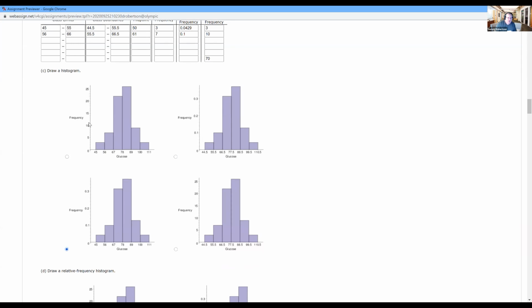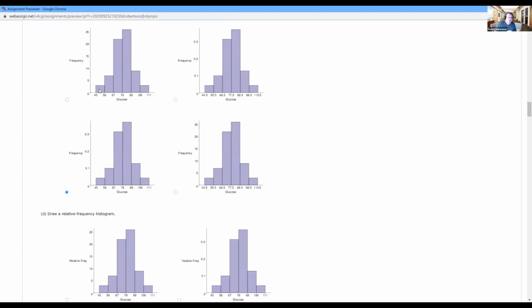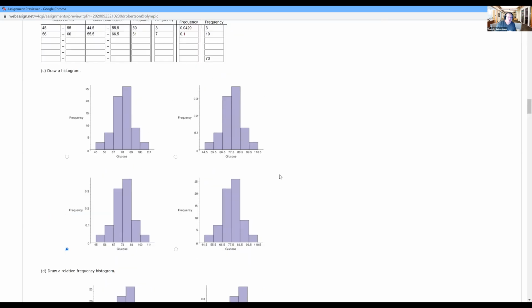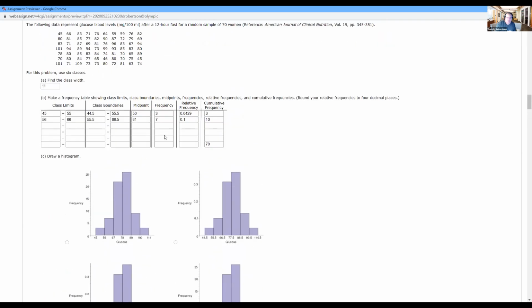Because frequency should be nice whole numbers, not decimals. Agreed? And when I look at that 3 and that 7 looks good. So I guess the only thing I need to worry about is which one of these 2 boundaries would you really be using when you draw a histogram? Would you use these numbers or do you use these numbers?